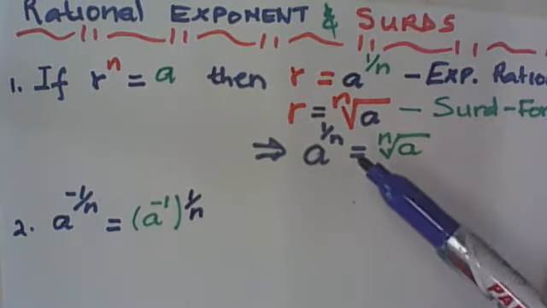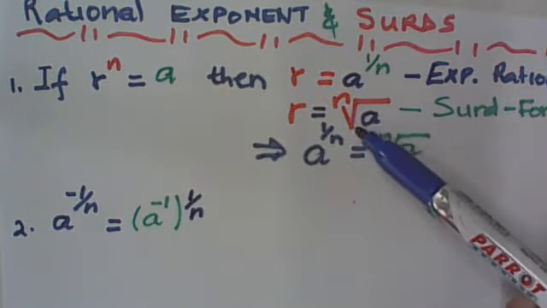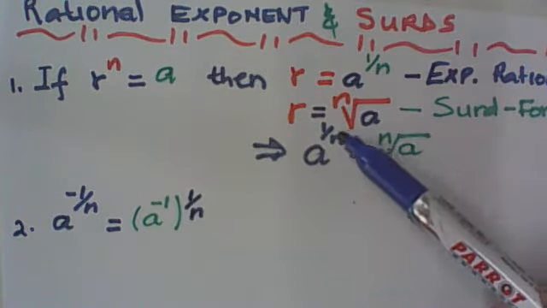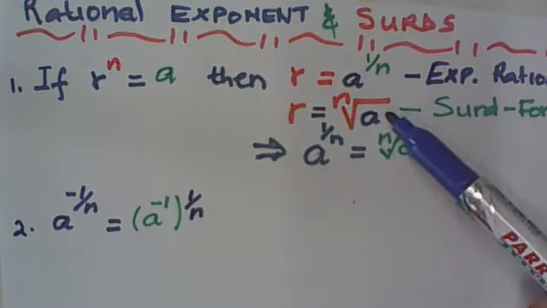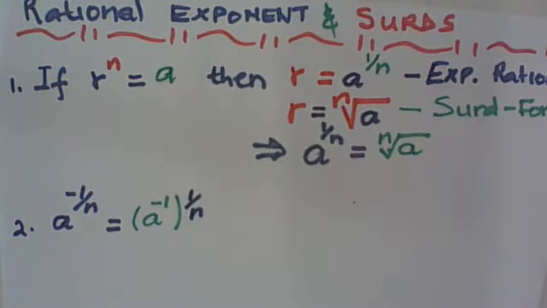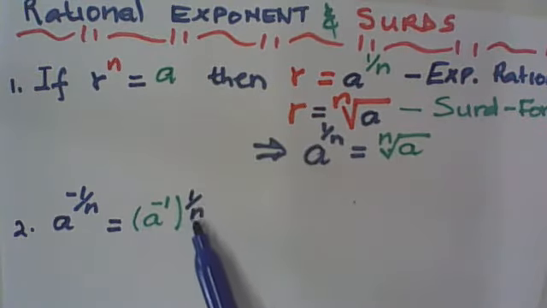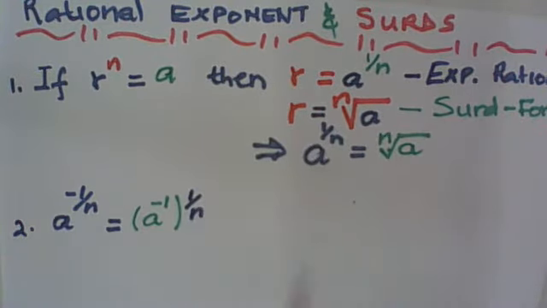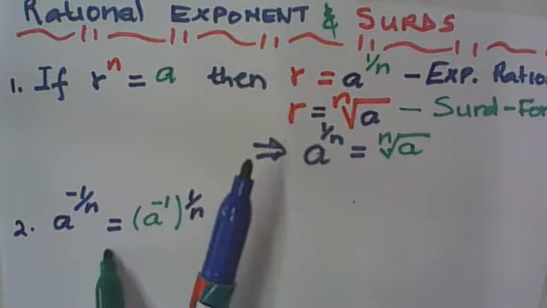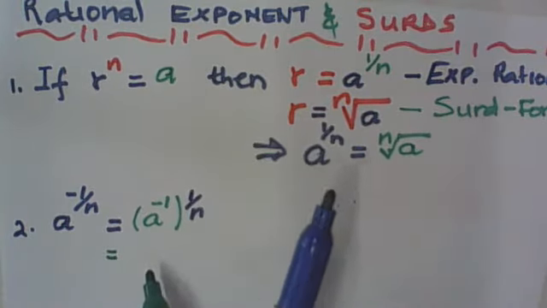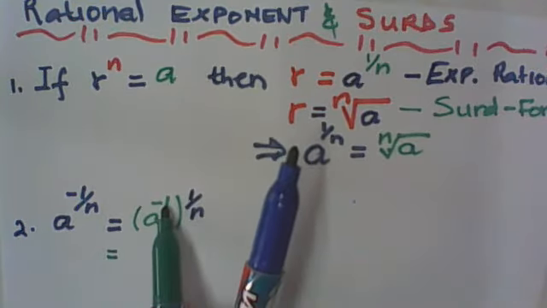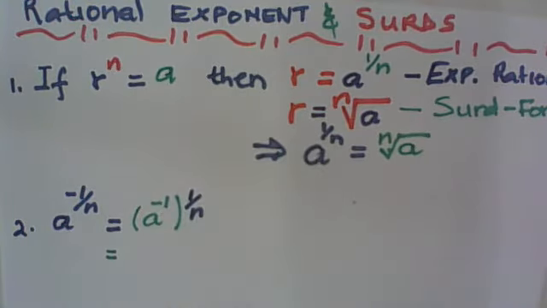Now remember, this is the same as that. You see? So for this exponent 1 over n, we are going to put a radical sign. That means this will be a to the power negative 1, which is the inverse of a.